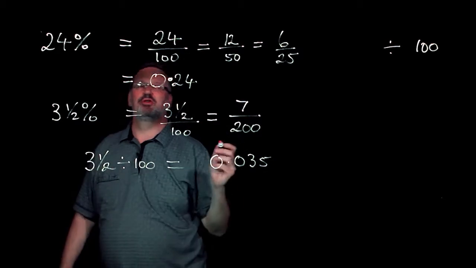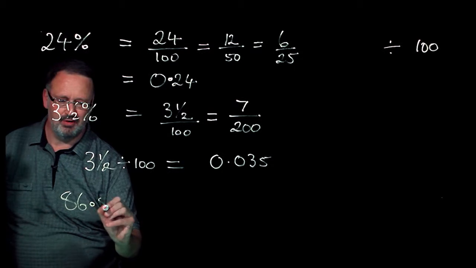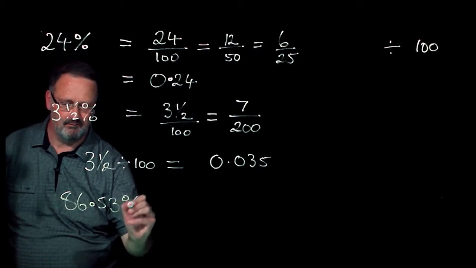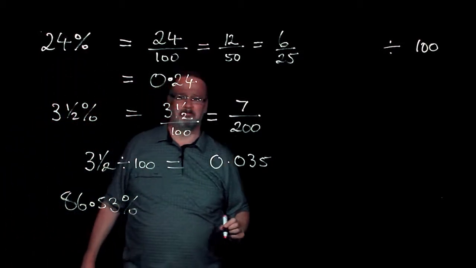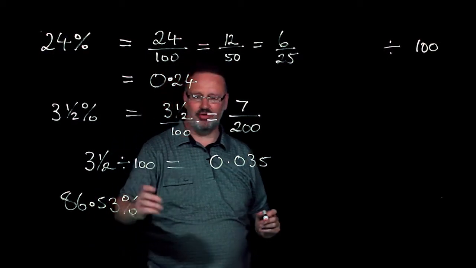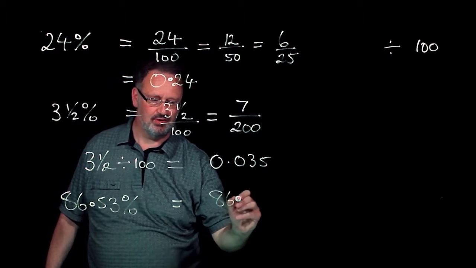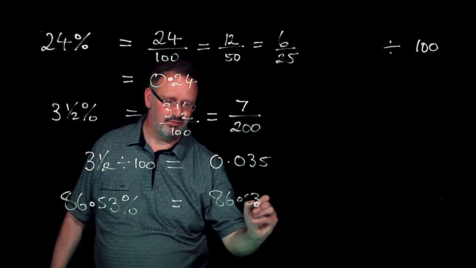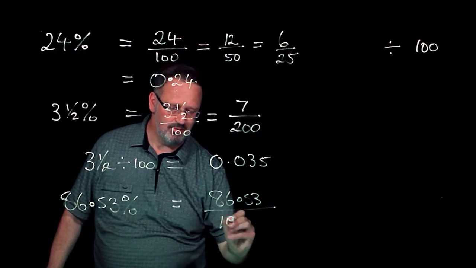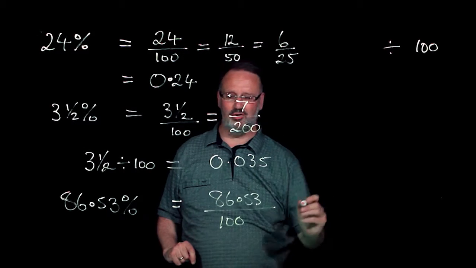Now let's take a real humdinger. 86.53%. So here we have tenths, hundredths. So I could say this is 86.53 divided by 100. Remember my general rule, divide by 100.